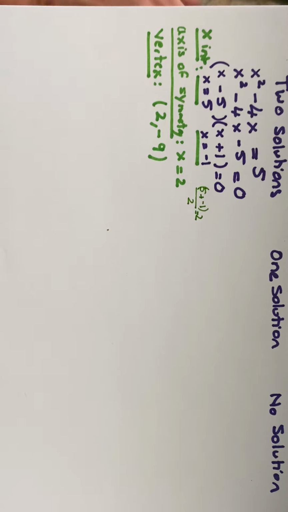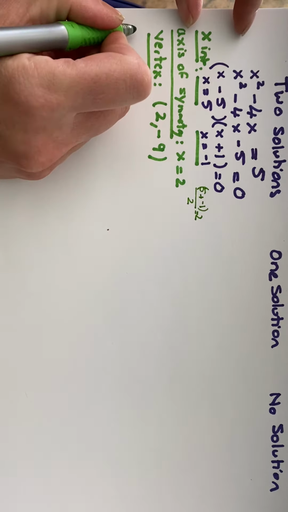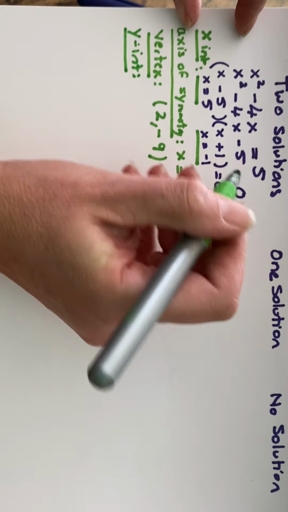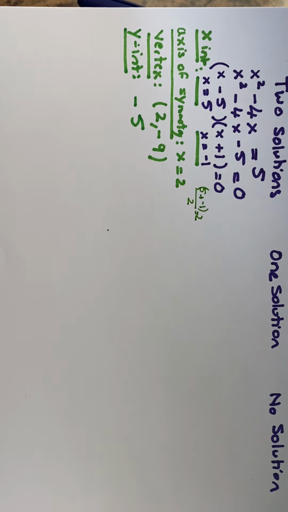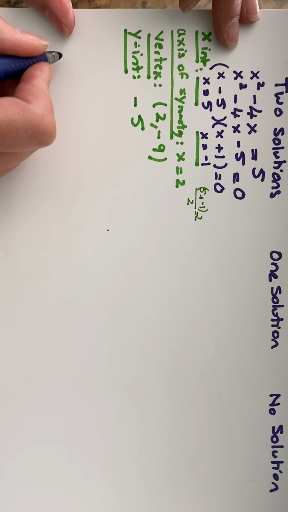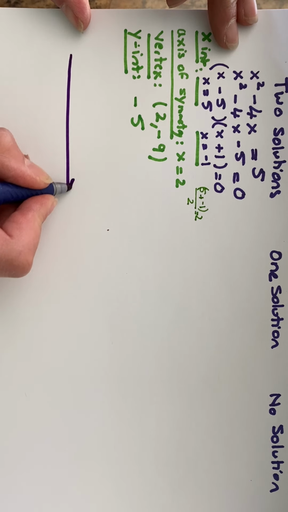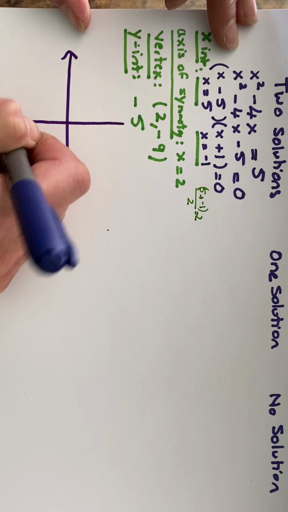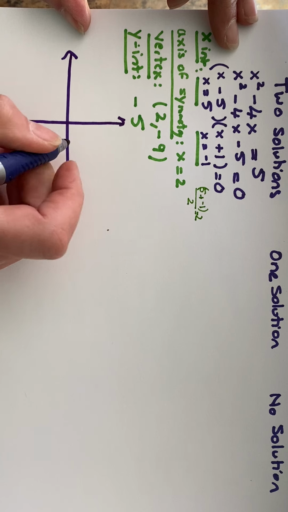And what else can I get from this equation? I could get my y-intercept. Well, looking here, my y-intercept is going to be -5. I think I now have enough information to make my graph, right? So I'll try to save some room on the bottom to do my graph. Let's see.